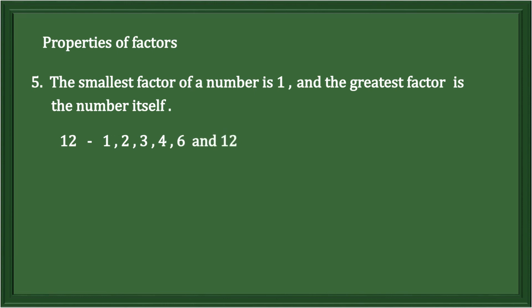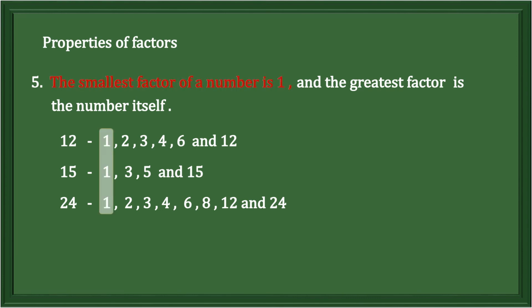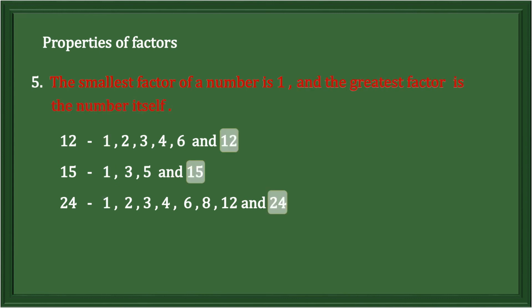The factors of 15 are 1, 3, 5 and 15. And the factors of 24 are 1, 2, 3, 4, 6, 8, 12 and 24. You can see in these examples, the first factor or the smallest factor is 1 for all the numbers. And the greatest factor is the number itself.